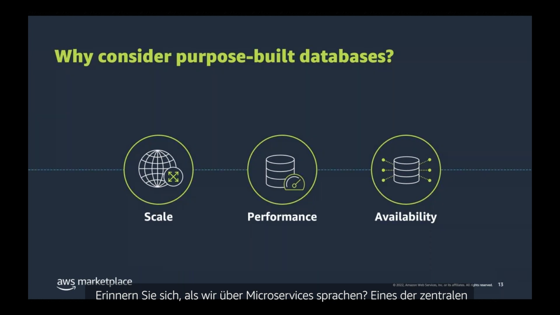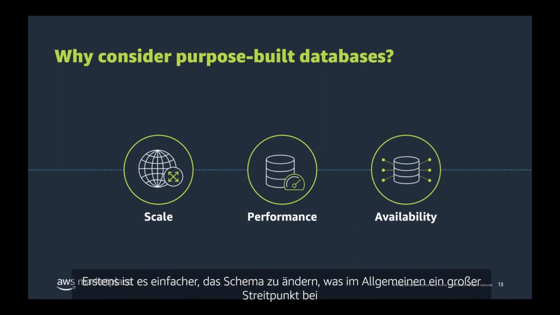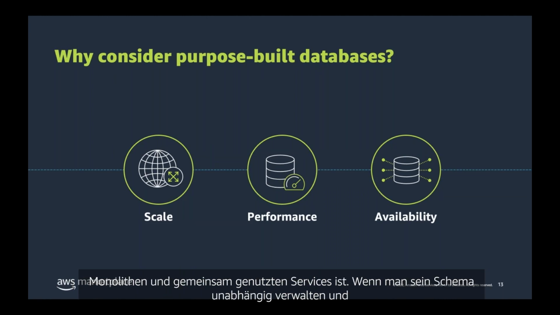Remember, when we spoke about microservices, one of those core concepts of being a microservice is, of course, that each service needs its own data. But why is this important? There are really two big innovation benefits to following this approach. First, it's easier to change your schema, which is generally a big point of contention with monoliths and shared services.